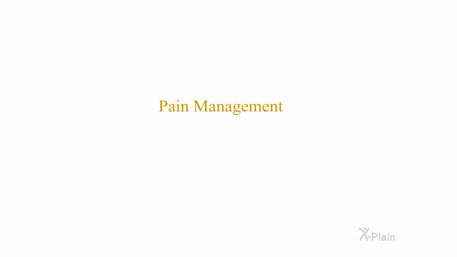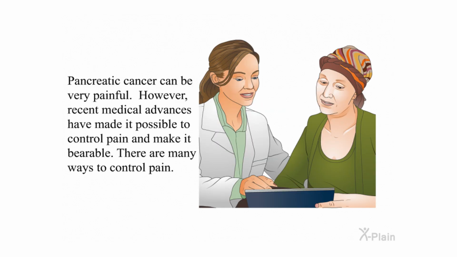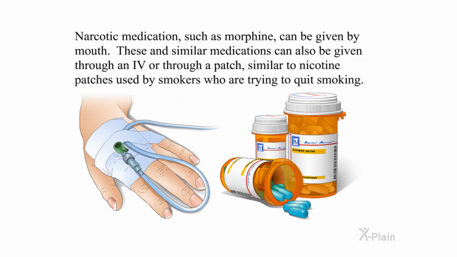Pain management. Pancreatic cancer can be very painful. However, recent medical advances have made it possible to control pain and make it bearable. There are many ways to control pain. Narcotic medications such as morphine can be given by mouth.